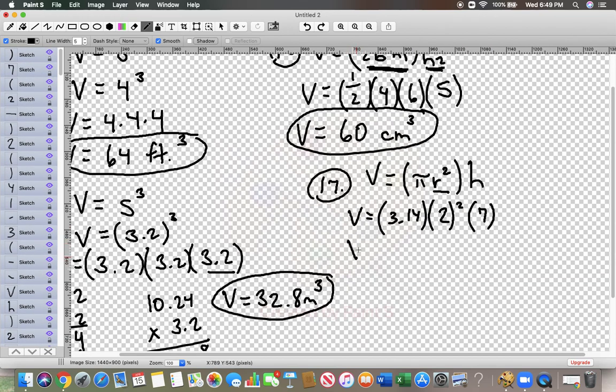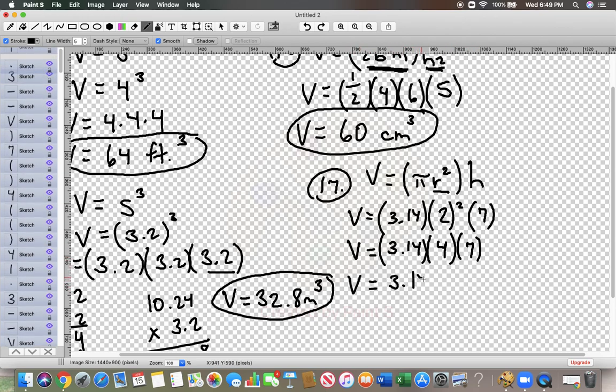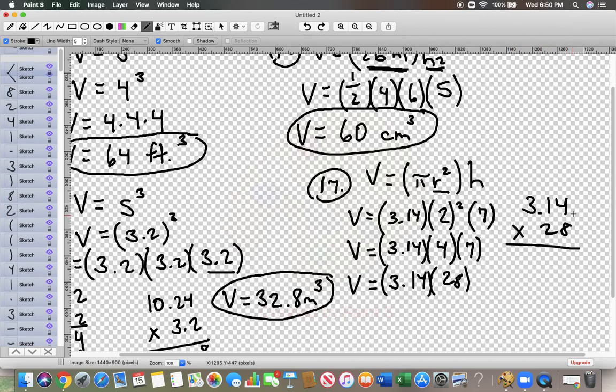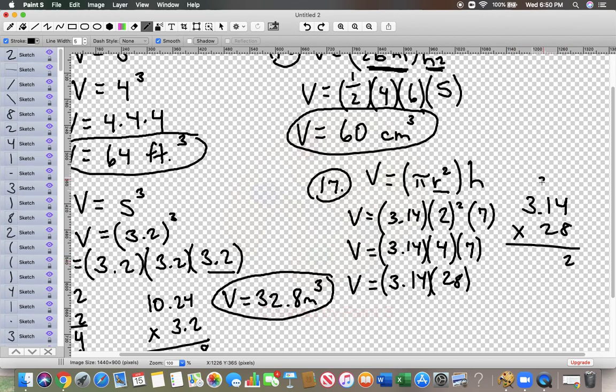So let's simplify. That's V is equal to 3.14 times 2 squared is 4 times 7. 4 times 7 is 28. So we've got 3.14 times 28. Let's do our math out to the side. 3.14 times 28. 4 times 8 is 32.